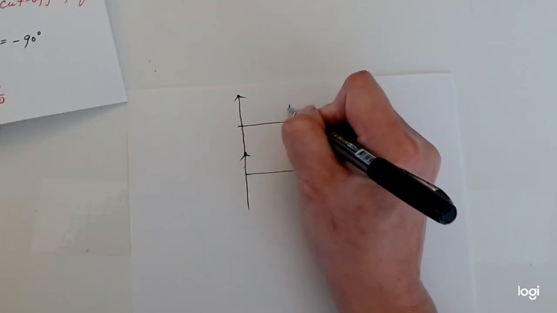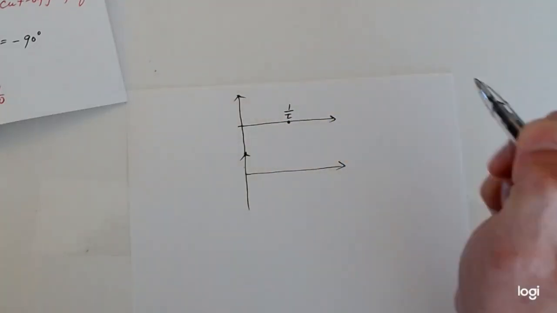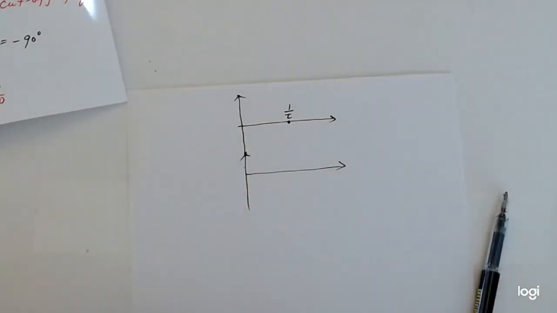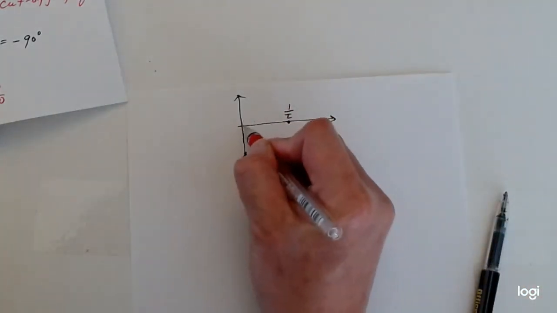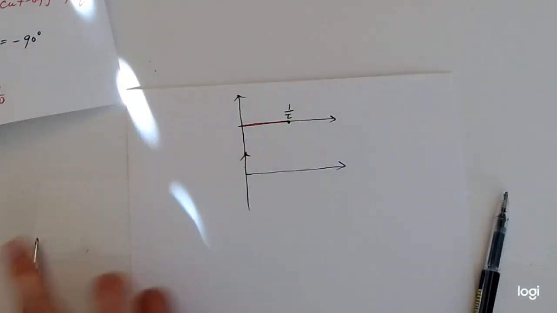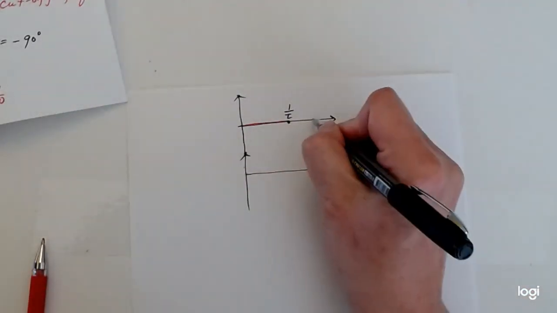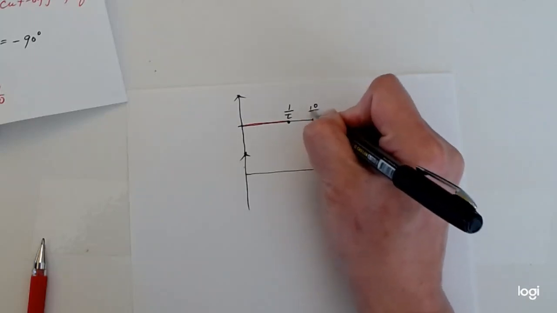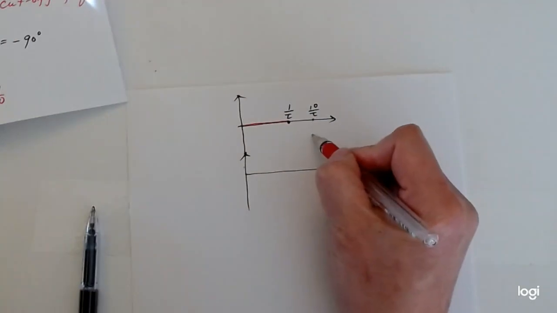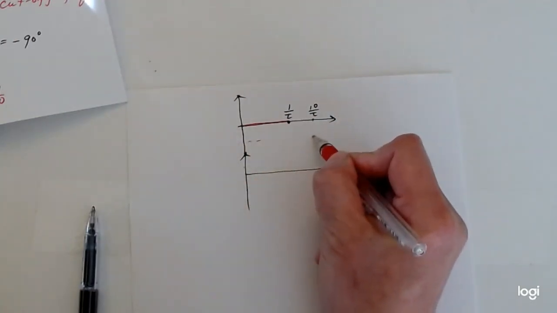From the cutoff frequency 1 over tau, before 1 over tau it is 0 dB. After 1 over tau, 10 times more, at 10 over tau, you have minus 20 dB.